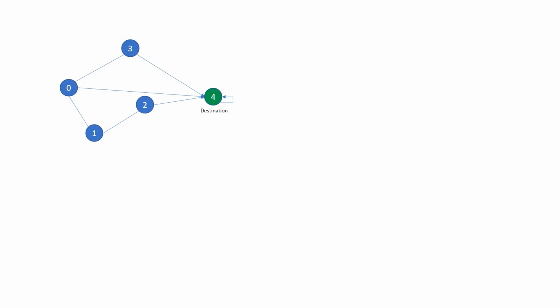Consider this network or topology where the blue nodes represent different locations and green nodes represent the destination. Now the agent might be at any given location and its ultimate goal is to reach the destination through the most suitable way. What I mean by most suitable way is, let's say the agent is at location 2. Then for it, there might be 3 ways to go to the destination.